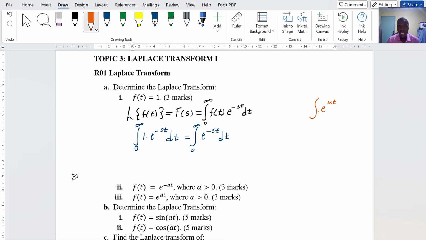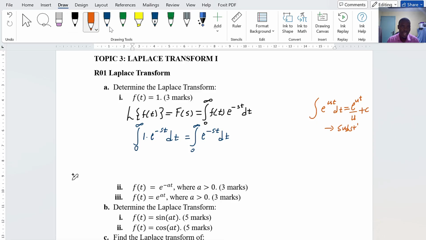So when you want to integrate e to the ut with respect to time, then the standard integral is e to the ut divided by the coefficient of t, which is u, plus c. This one can be proved using integration by substitution. I don't want to do that now.